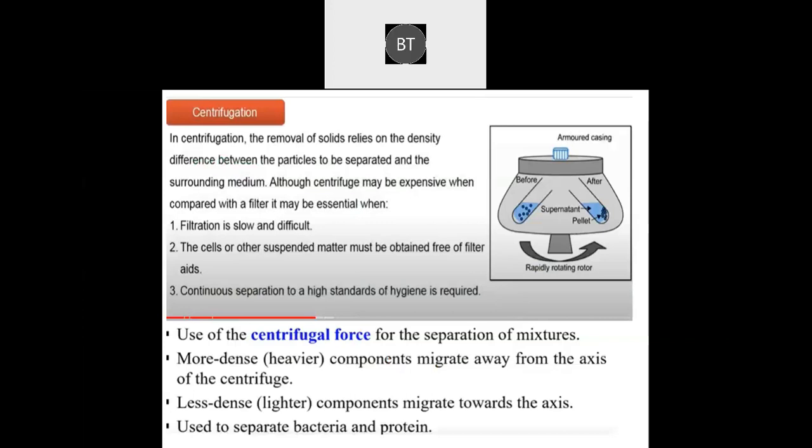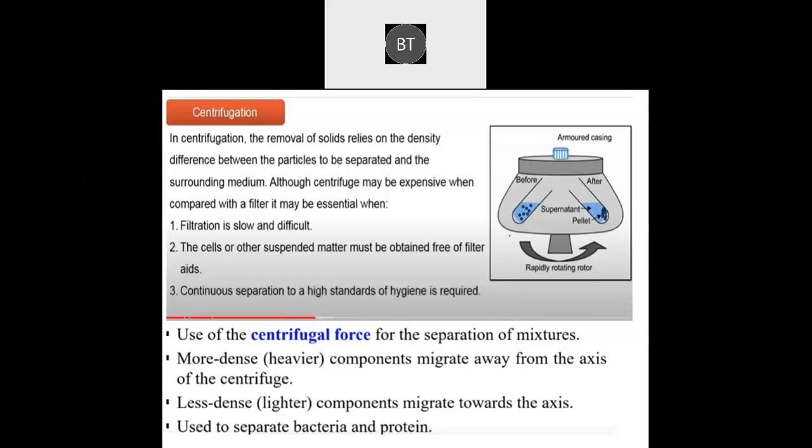Next, we come to centrifugation. We are still dealing with the first part of the downstream processing. In centrifugation, the technique is based on the principle of density difference.